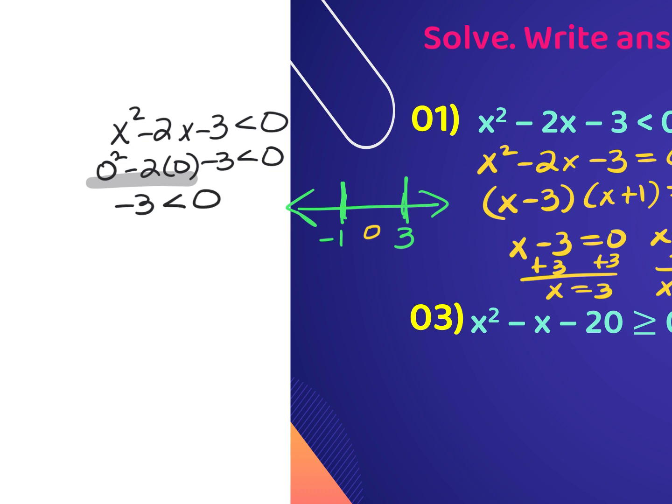I have to decide, is this a true or a false statement? This is a true statement. 0 is greater than negative 3. So in the section where 0 is located, I put a check mark. On either side of the other two sections, those do not work.